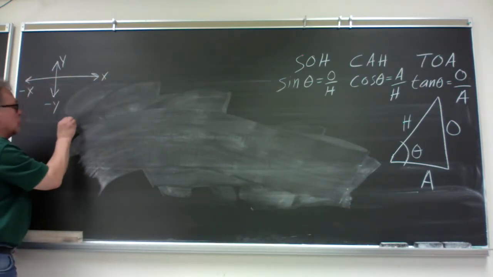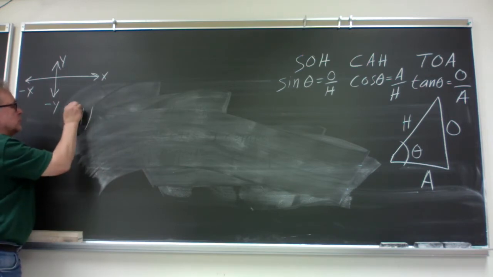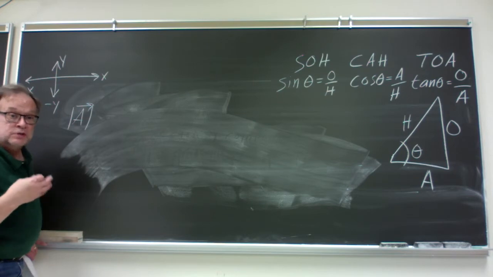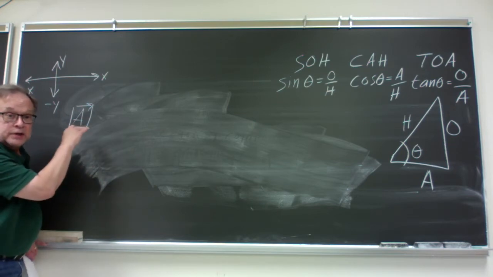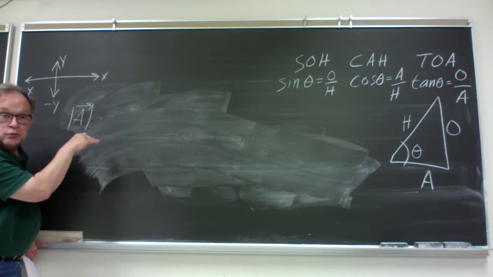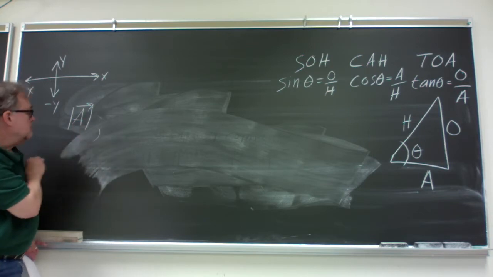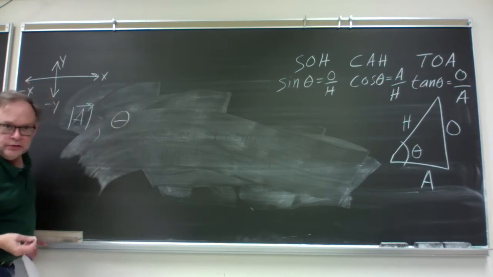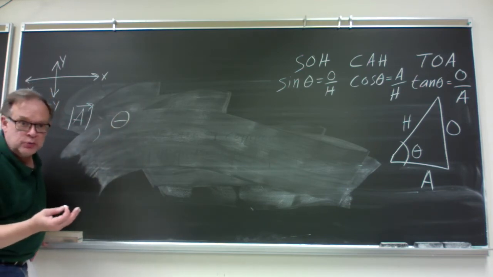So in this case, we know the magnitude of a vector, and I'll always write magnitude, just the size of a vector, like this, just putting the vector symbol inside the absolute value symbol. So we know the magnitude, and we know an angle that tells us the direction in which that vector points.